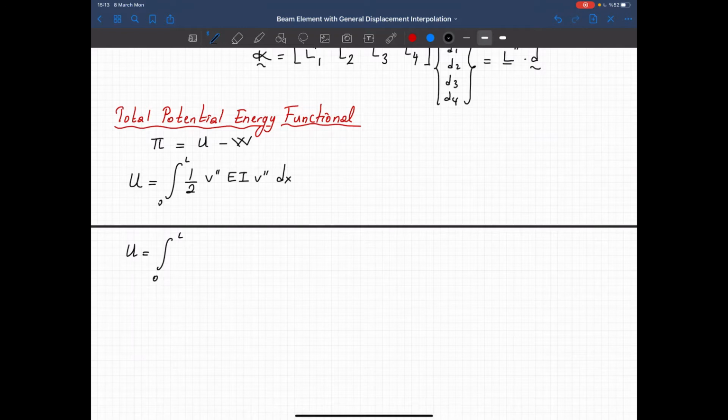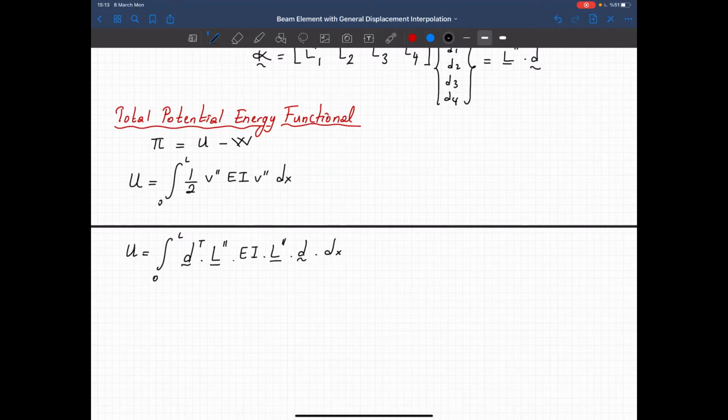And that's equal to, that's the curvature, so we have the curvature interpolation here. D transpose multiplied by L double prime transpose, multiplied by EI times L double prime, multiplied by D, integrated over the length of the member.